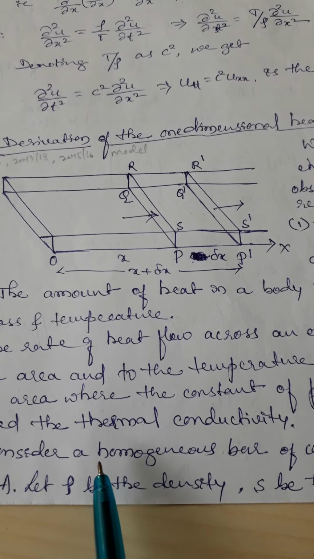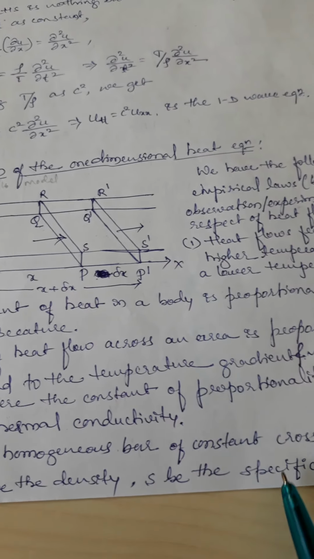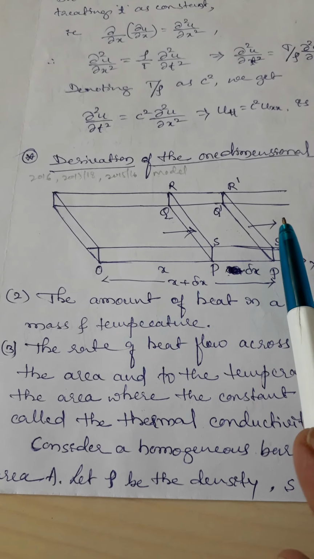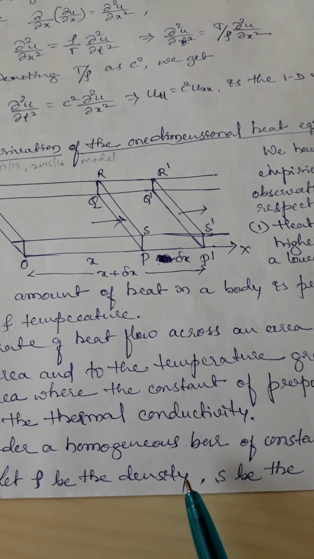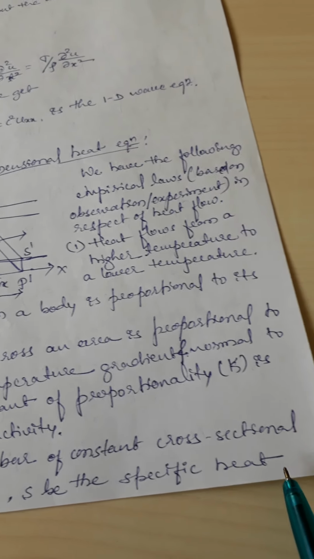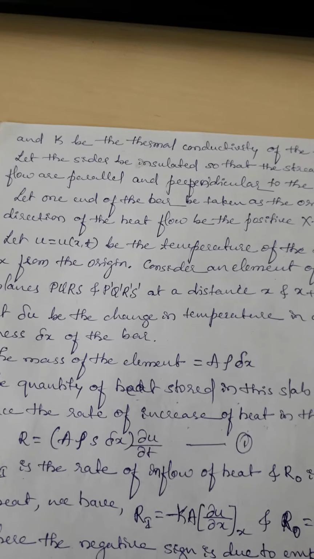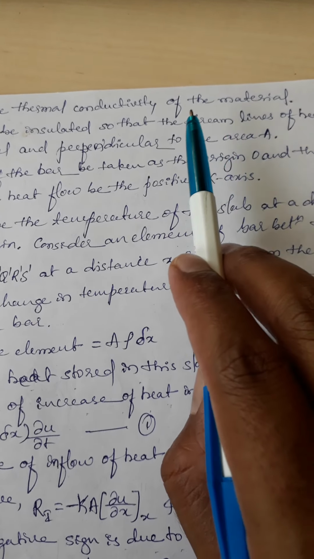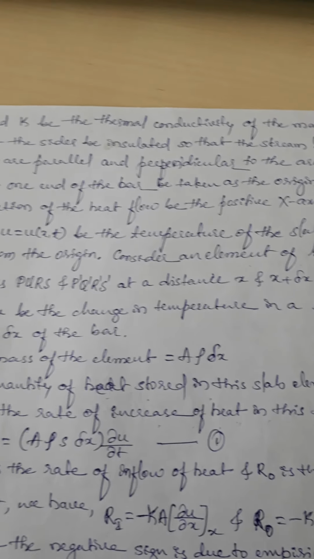Consider a non-homogeneous bar with constant cross-sectional area, that is A. Let rho be the density, S be the specific heat, and K be the thermal conductivity of the material.